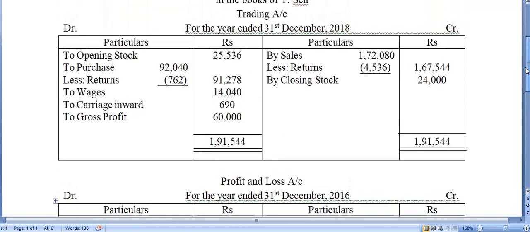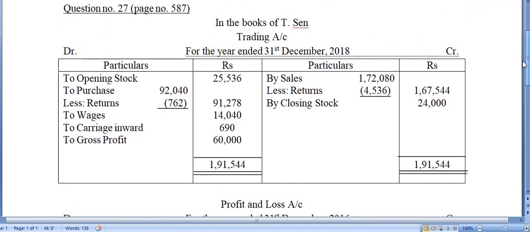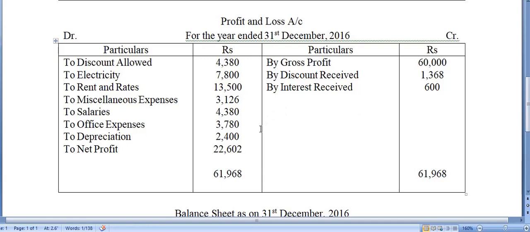If you see properly, debit balances appear towards the debit side and credit balances appear towards the credit side of both the trading account as well as the PL account. For example, wages is a debit balance, so it is appearing towards the debit side. Sales is your credit item, credit amount, so it is appearing towards the credit side. And this depreciation, again it is a debit balance, so it is appearing towards the debit side. And interest received is a credit balance, so it is appearing towards the credit side.